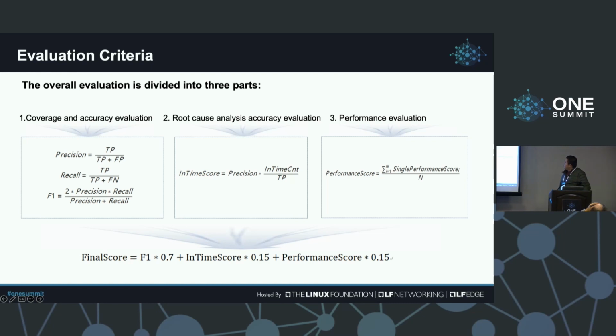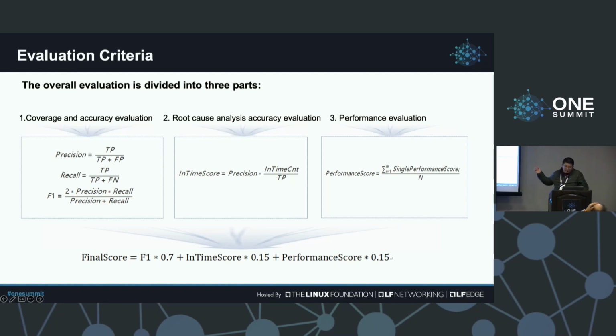In these slides, we will talk about the evaluation criteria. The overall evaluation is divided into three parts. The first part is coverage and accuracy evaluation, accounting for 70% of the total score.